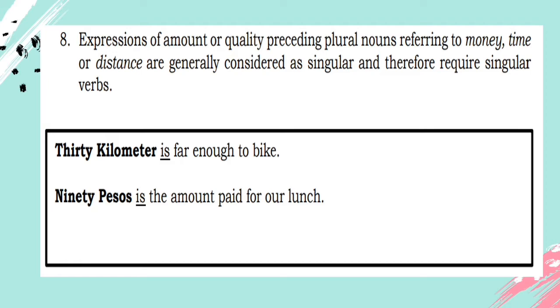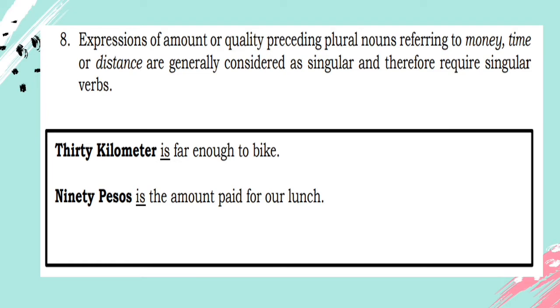Let's see the following examples. 30 kilometers is far enough to bike. 30 kilometers is considered singular because 30 precedes the word kilometer, and kilometer pertains to distance, so it is considered singular. So it requires the singular verb is.